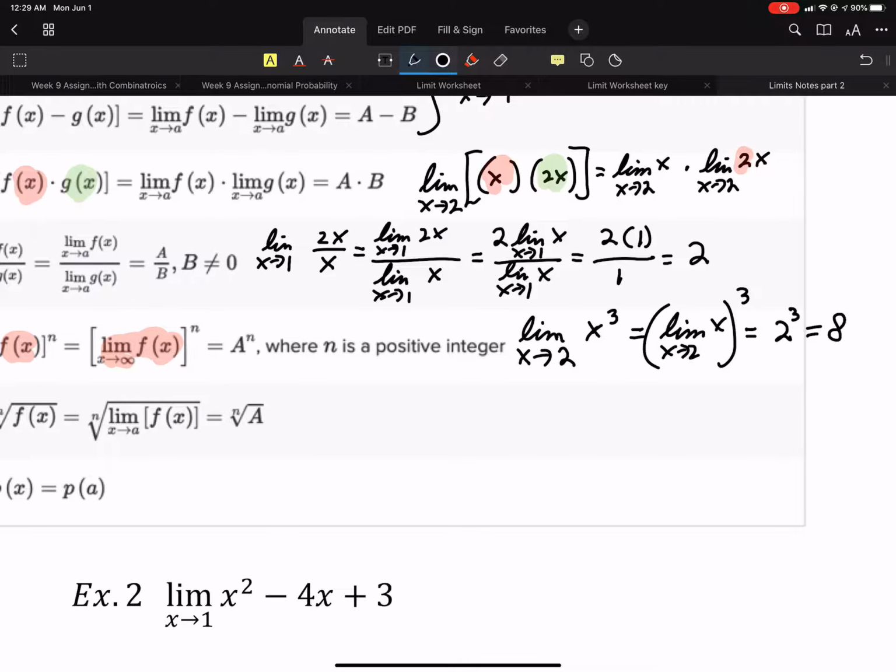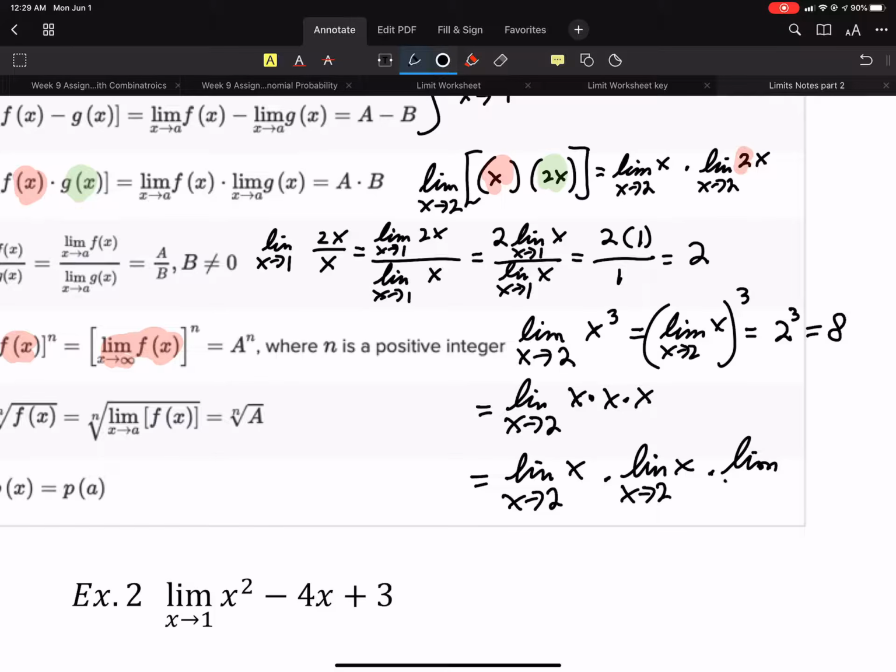Now, another way to do this exact same problem is to rewrite it. I could have said that this is x times x times x. And then I could have done the product rule and take the limit of each one individually. And each individual limit is 2, and then multiply together and get 8.